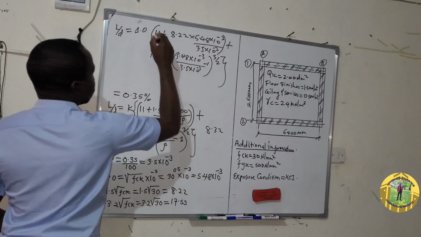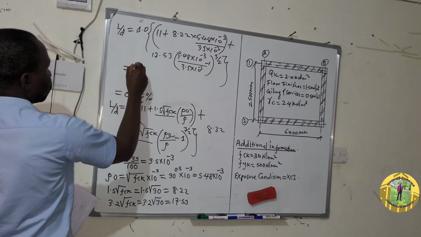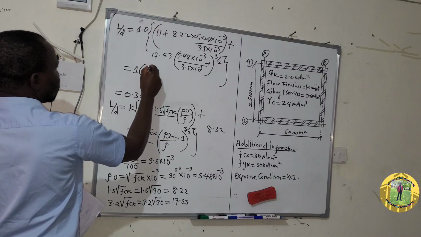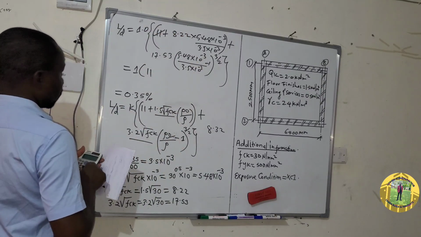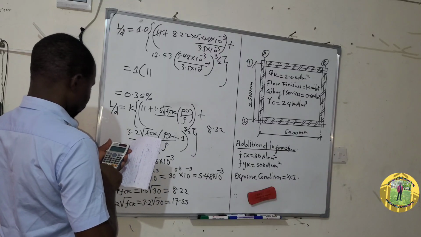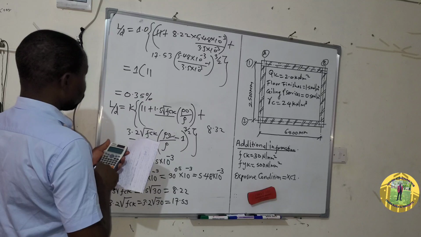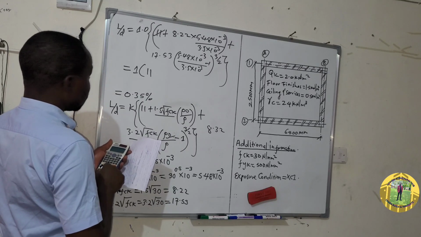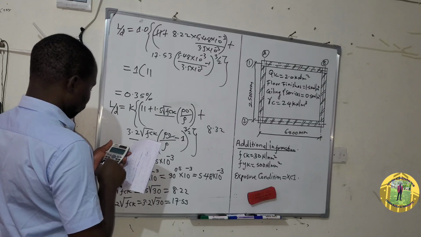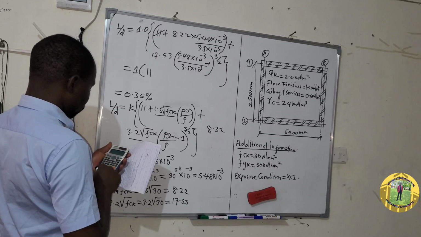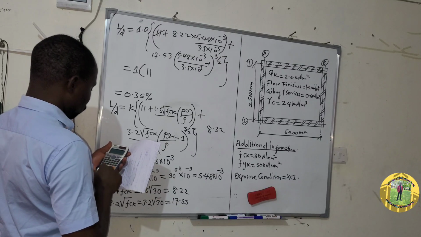And then everything will multiply by 1. So this one is equal to 1 into bracket 11. Then you come to this one. This is 8.22 times 5.48 times 10 raised to power negative 3 all over 3.5 times 10 raised to power negative 3.